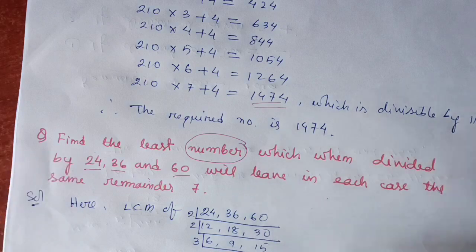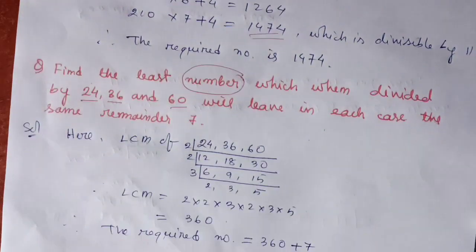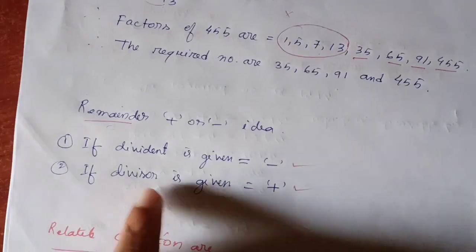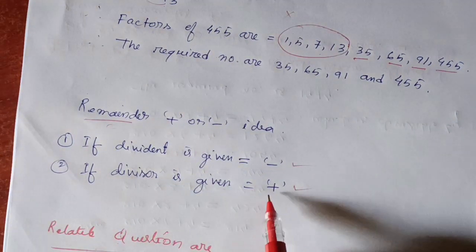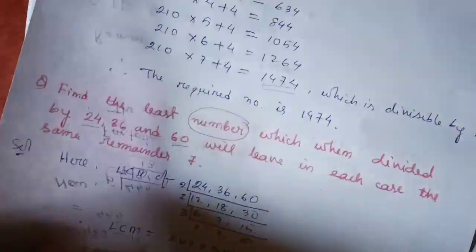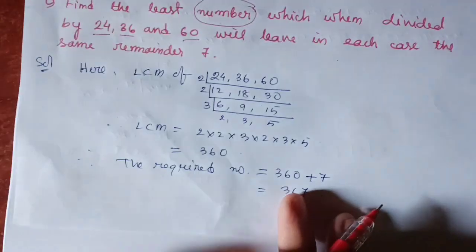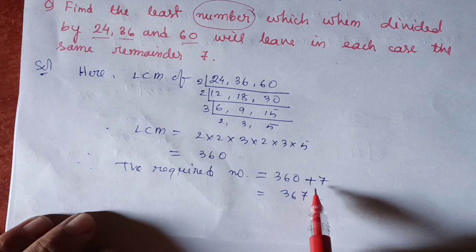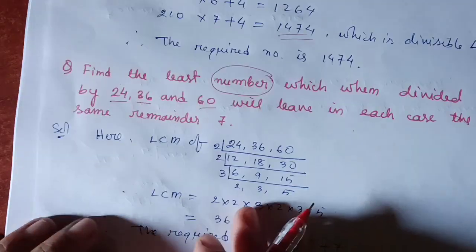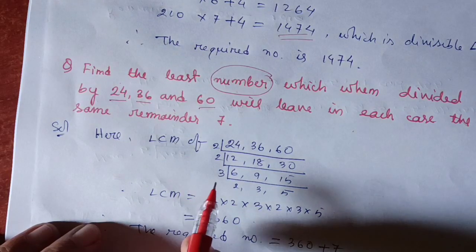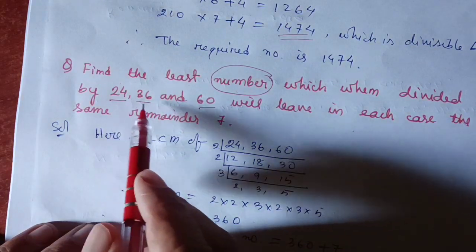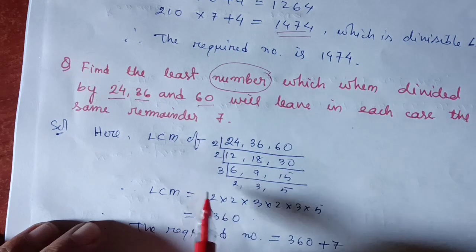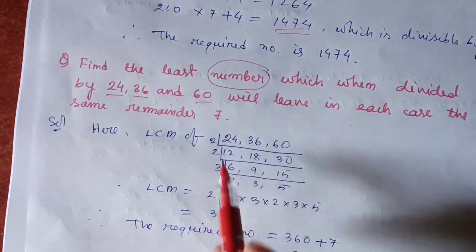So since divisor is given, according to the idea, if divisor is given, we should do plus. So our first step is that we should take LCM of 24, 36 and 60. Now we take LCM. It's very easy.